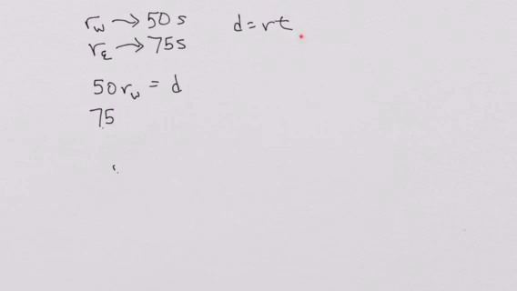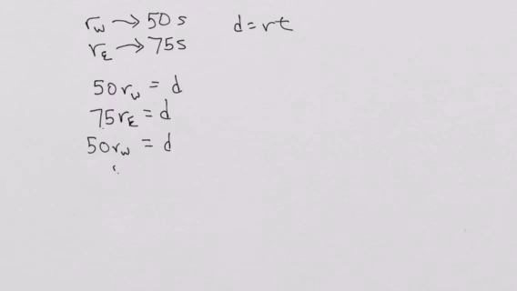That's my time, at the rate of the escalator to cover the same distance. In both cases, we're going this distance. So then I've got a system of equations, and I can say that 50 R sub W equals D.